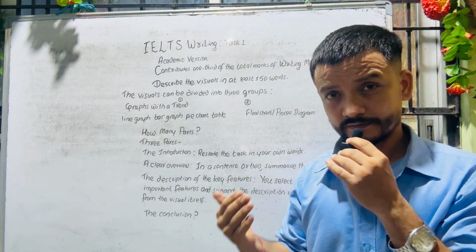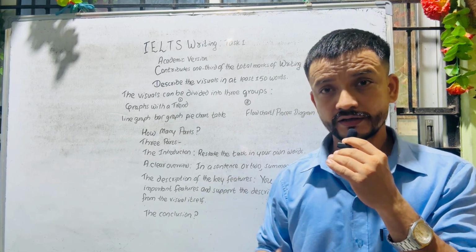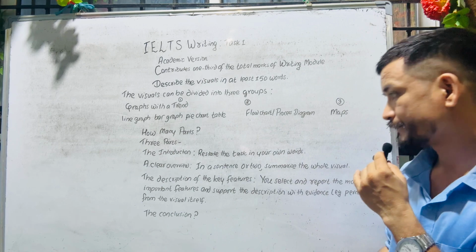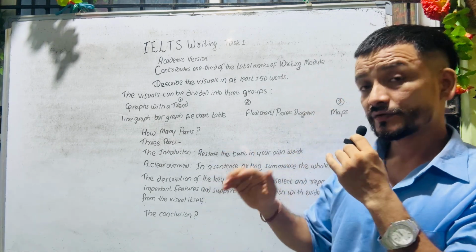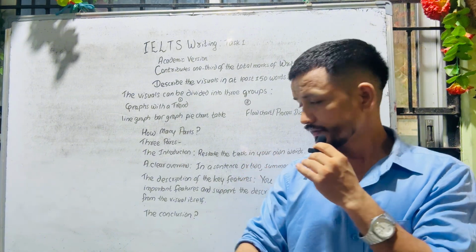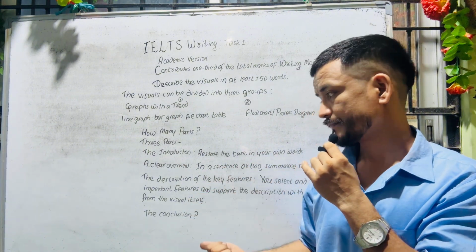For example, data, percentage, number, the amount of money, whatever, from the visual itself. So you write three different parts: the introduction, overview, and the description of the key features.